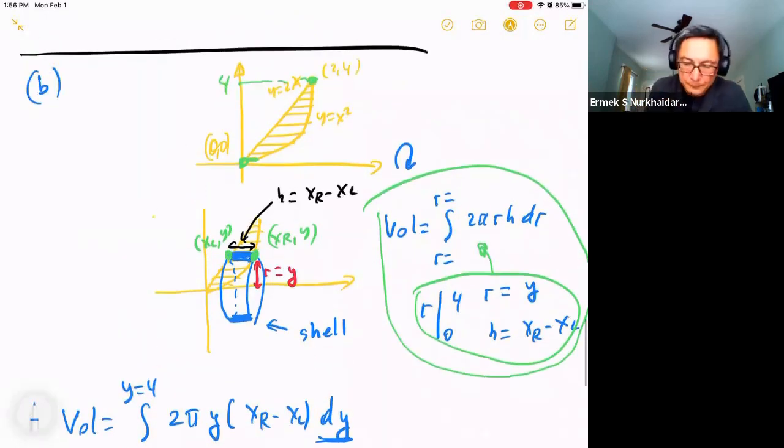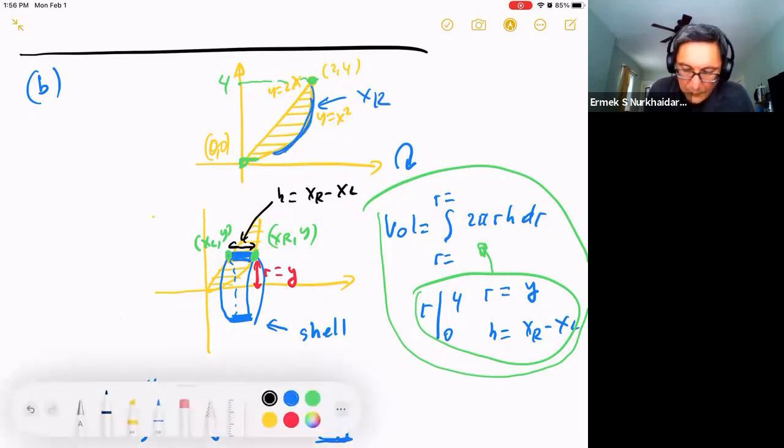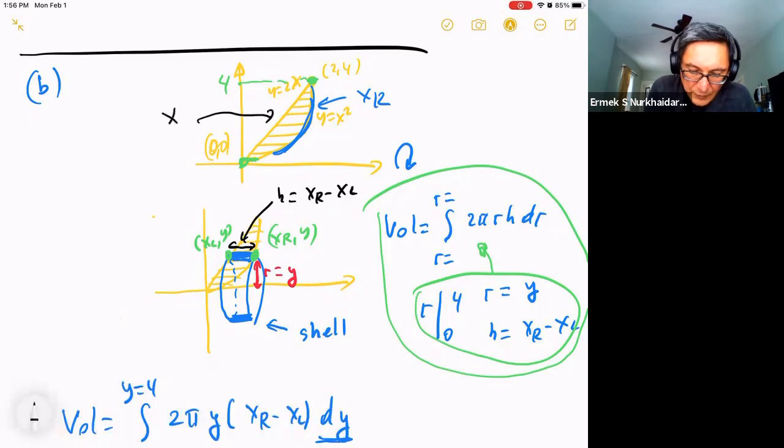So let's see. x right comes from this curve, and x left comes from here.